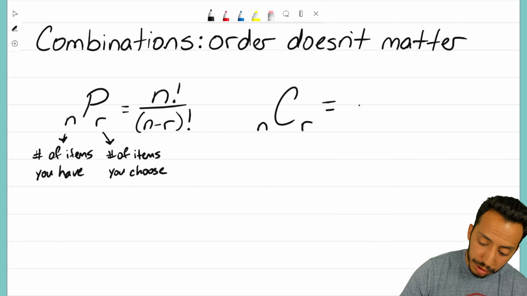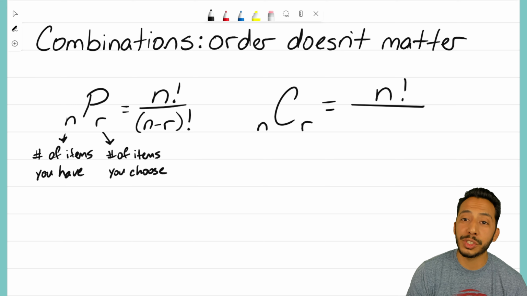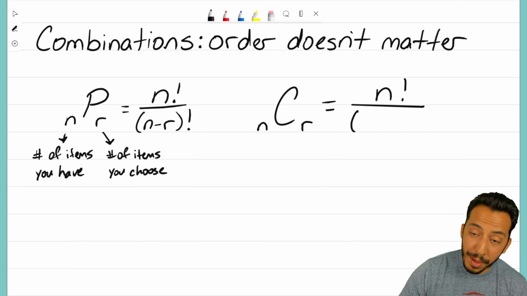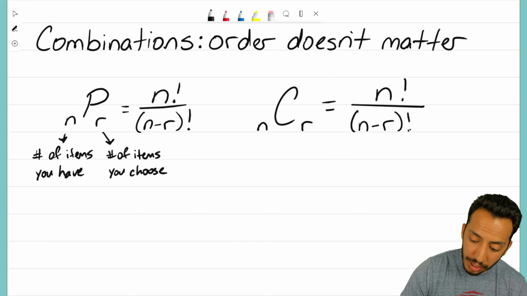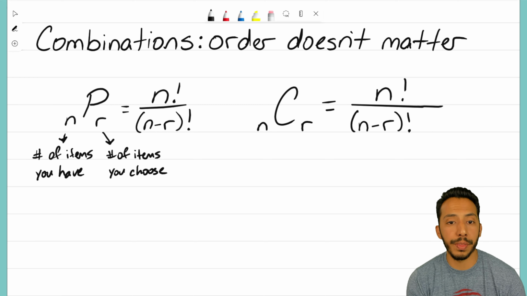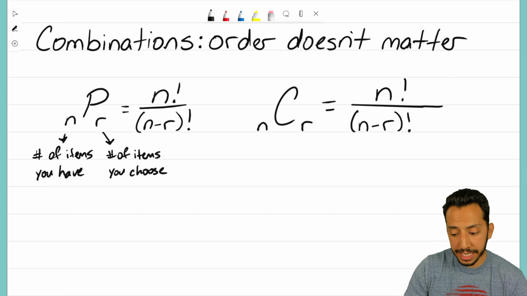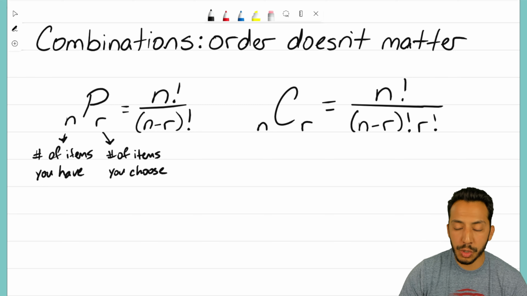You're also going to have a factorial fraction. You're still going to have n factorial on top. On the bottom, part of it is still going to look the same, the n minus r factorial. But we need to add one more thing down there, and that is r factorial.